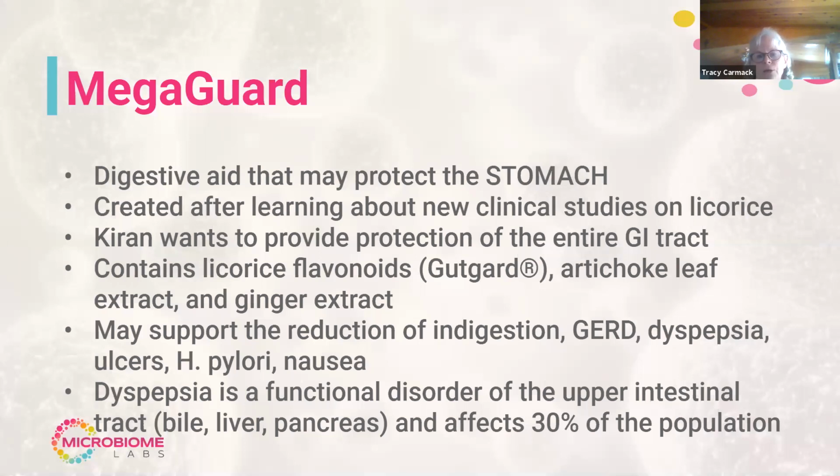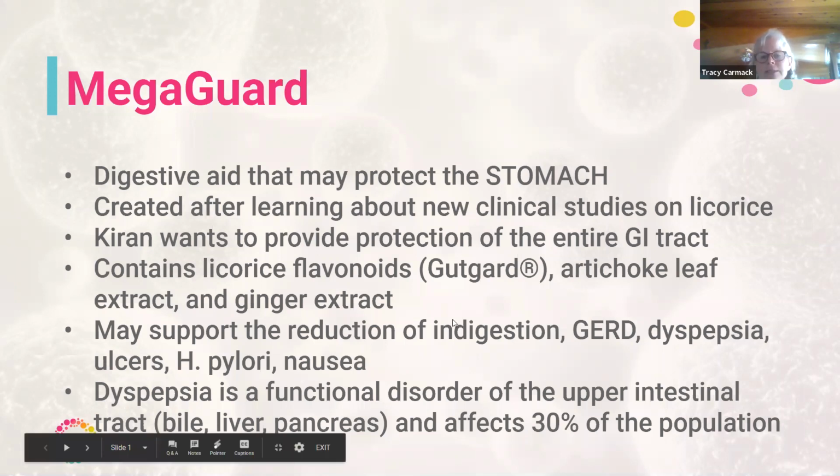This is going to be a very important part because so many people were asking us what prokinetic, what motility, what H. pylori product, what dyspepsia product we recommend. There were so many on the market, and we really needed one that had all of the things we thought were important together. That is what we're providing here.